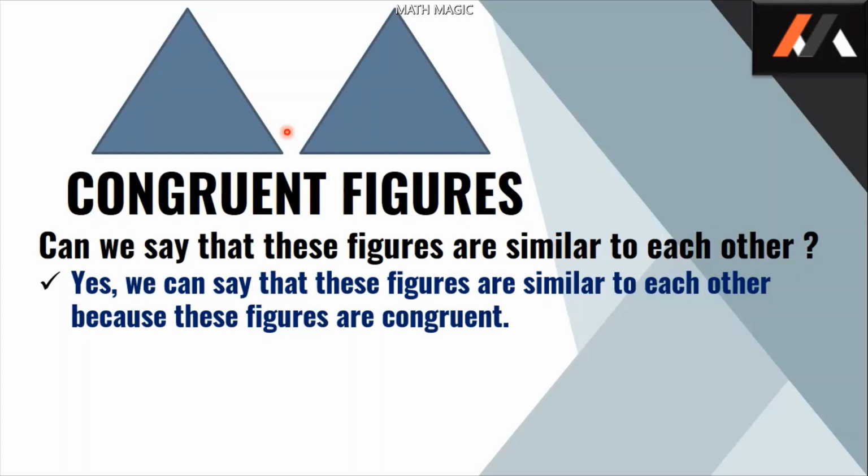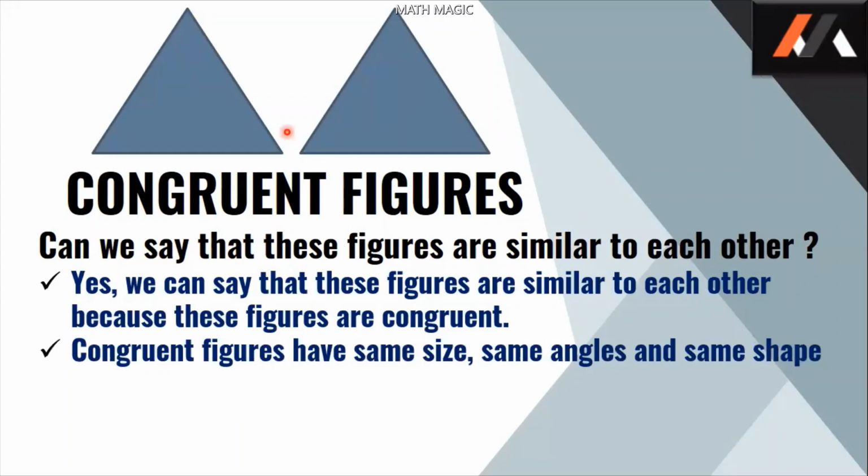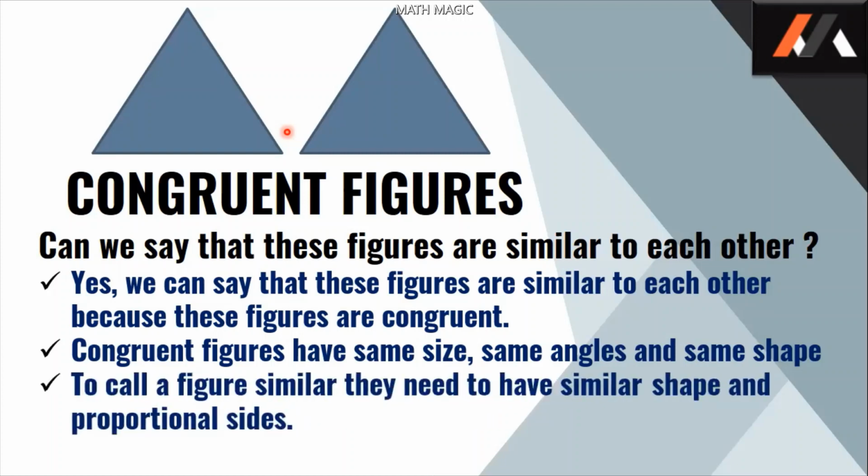Does that mean all congruent figures are similar to each other? Yes, all congruent figures are similar to each other. Congruent figures have the same size, same angles, and same shape. To call a figure similar, they need to have similar shape and proportional sides.